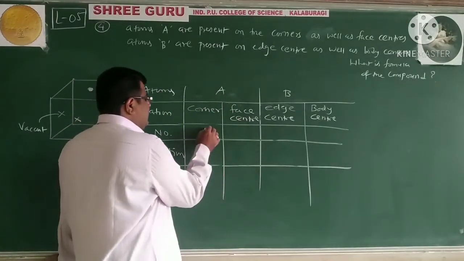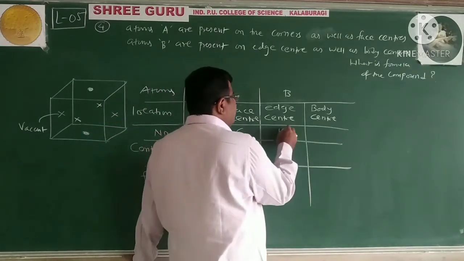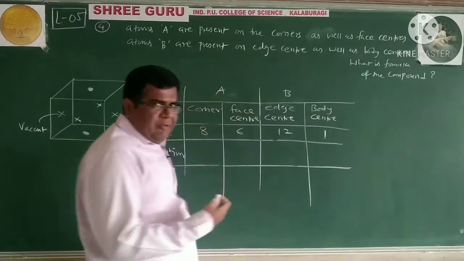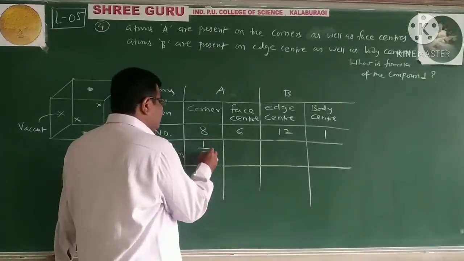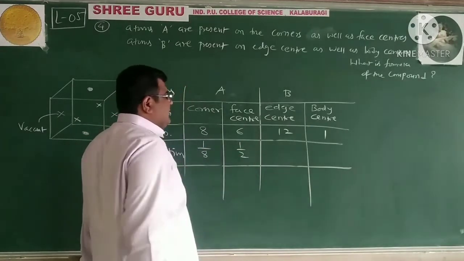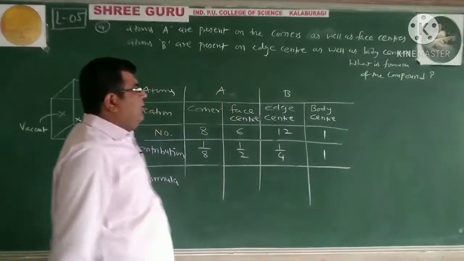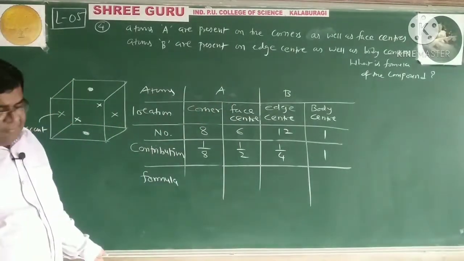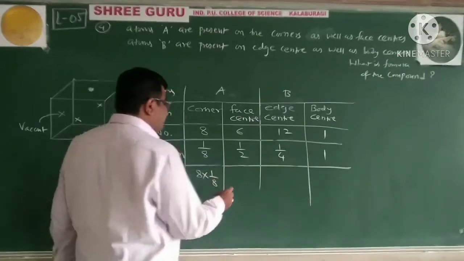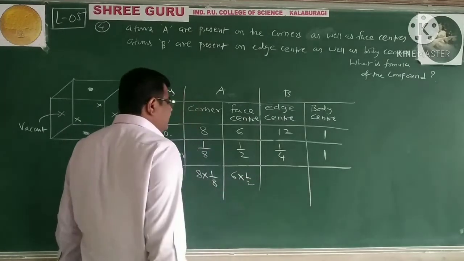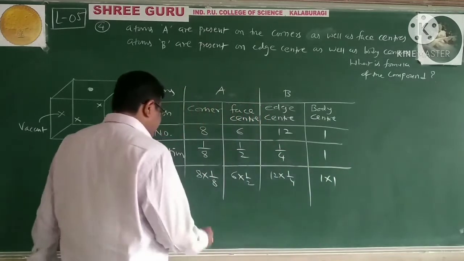The corners 8, face center 6, edge center 12, body center 1. This we already know, isn't it? Contribution is 1 by 8 for corner, 1 by 2 for face center, 1 by 4 for edge center, and 1 for body center. So it is 8 into 1 by 8, 6 into 1 by 2, 12 into 1 by 4, 1 into 1.